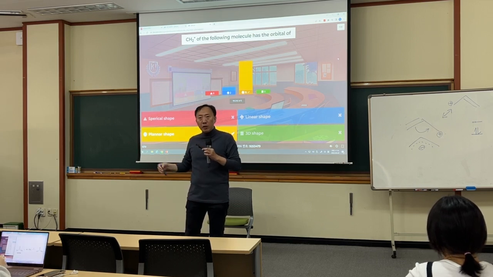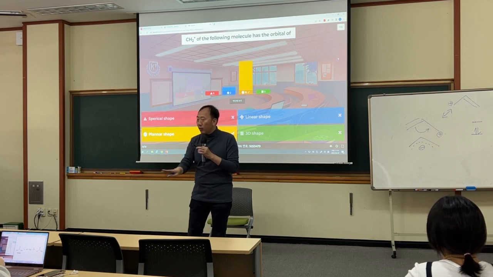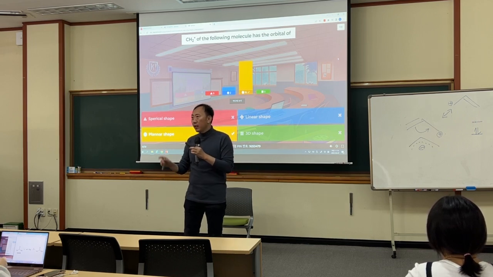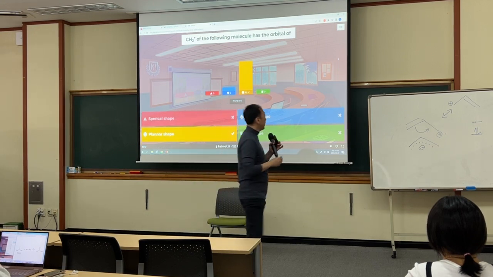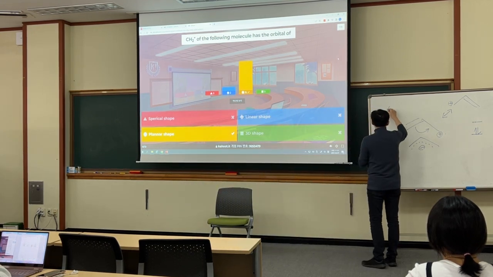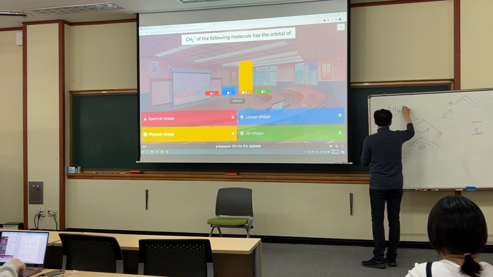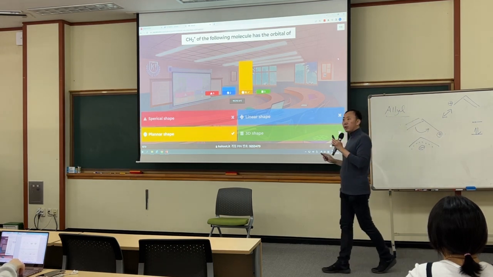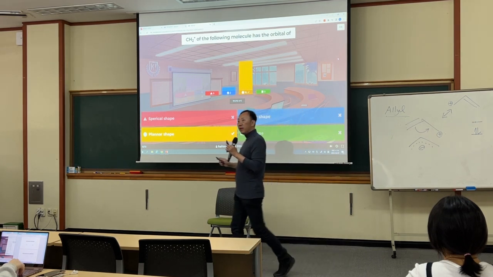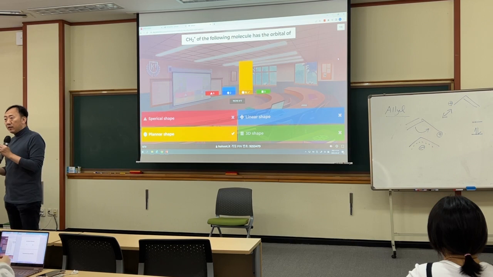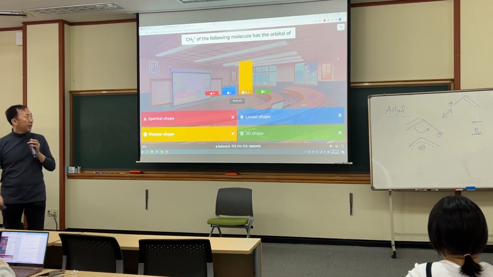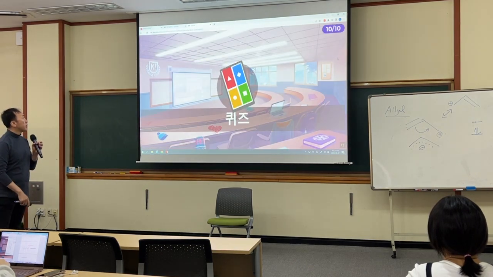If it's neutral, then anyways it's sharing, and all 3 are occupying sp2 structure, planar structure. Okay, this system name is allyl structure. If it's all carbon, that is called allyl or allylic structure. That is maybe most difficult part of when you draw the structure. It's kind of a mixed structure. Okay, but this is quite an important one, something you may see all the time in organic chemistry.